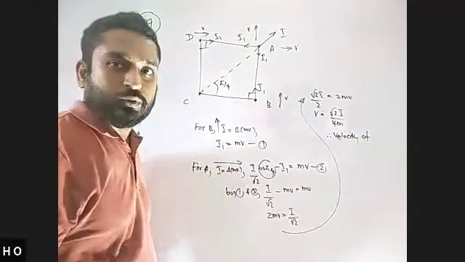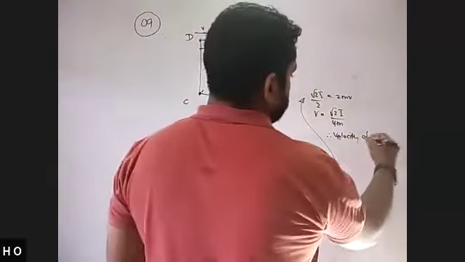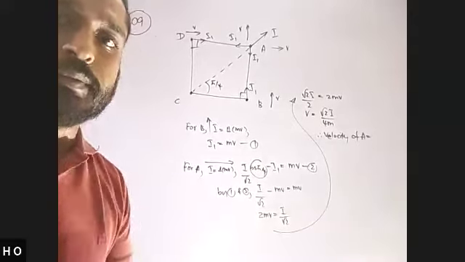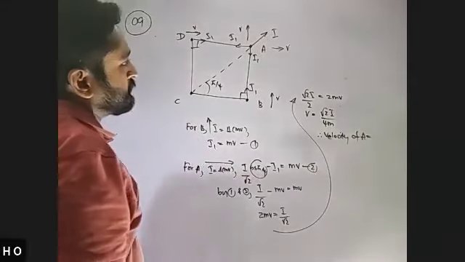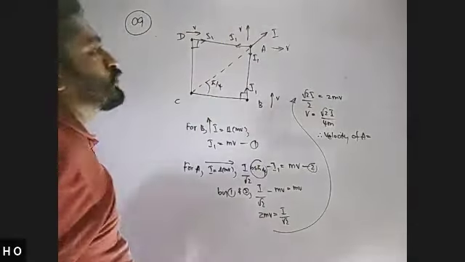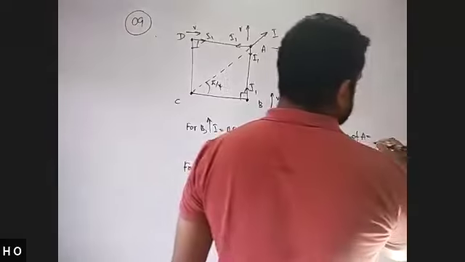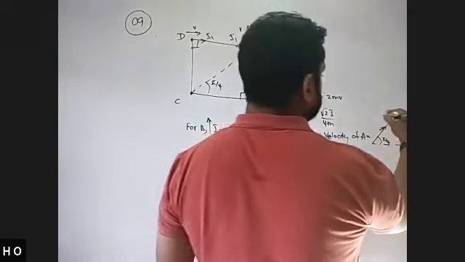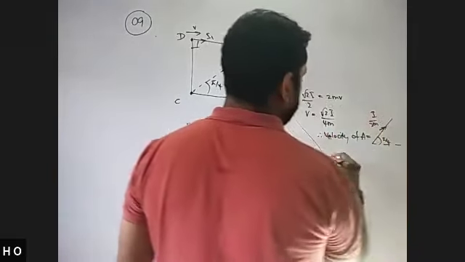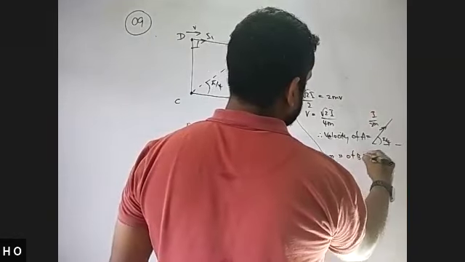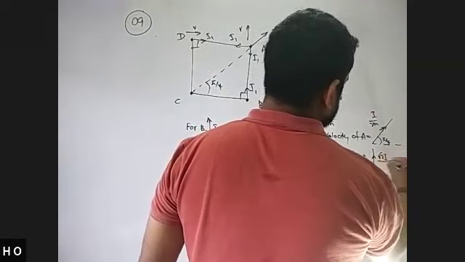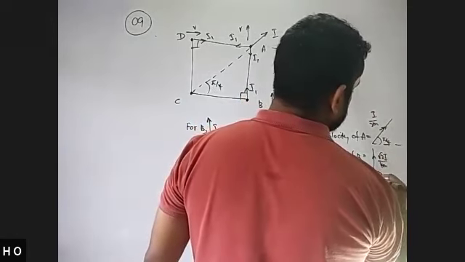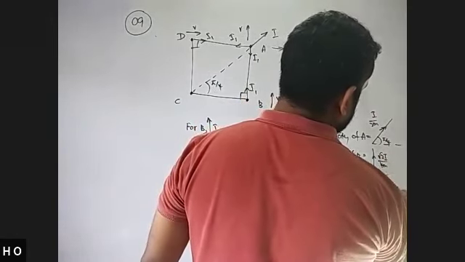Velocity of A equals V root 2 at a 45 degree angle, so it is going to be I over 2M. Then the velocity of B towards up is root 2 I over 4M. The velocity of D is root 2 I over 4M.